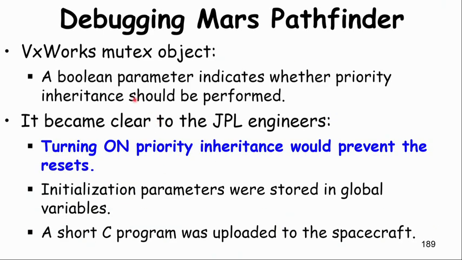They found that there was a mutex, a semaphore that was being used, and a Boolean parameter, a global variable, and depending on the value of the Boolean variable, whether the priority inheritance is to be performed or not, that was indicated by the Boolean parameter.